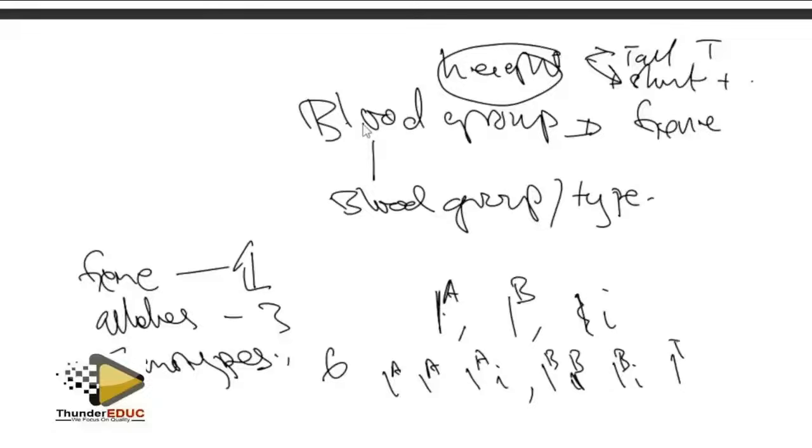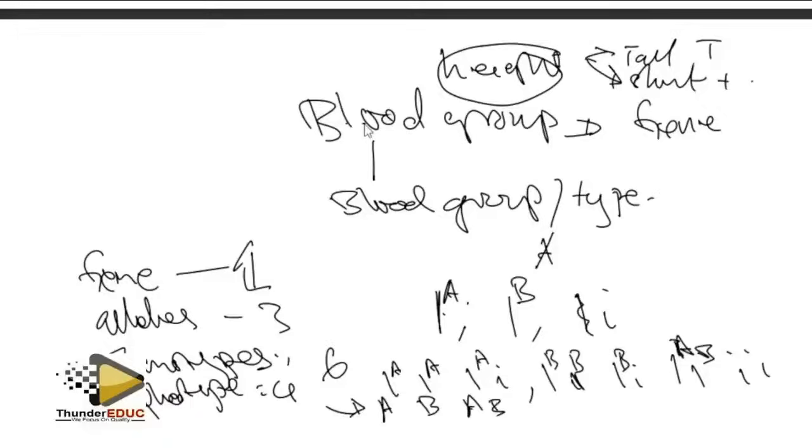Then you have AB, and then you have that for O. So 1 gene, 3 alleles, 6 genotypes, and then phenotypes, there are 4, which is A, B, AB and O.